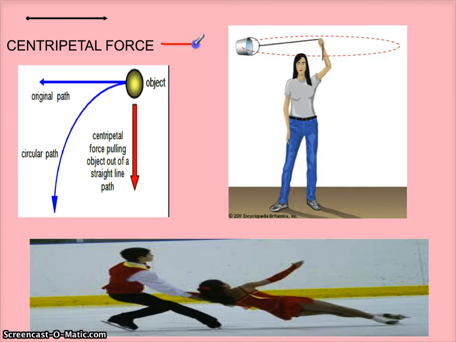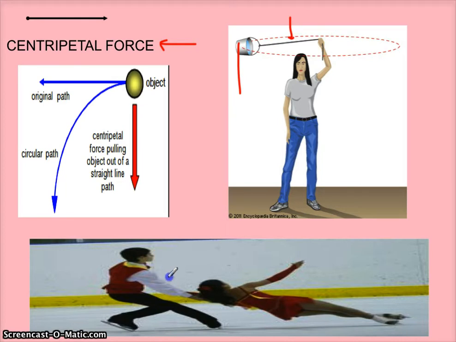The force that keeps it moving in a circle is called centripetal force. And you can see here, this is the centripetal force pulling the object out of a straight line path. And here the centripetal force is going to be the rope. The rope is keeping this from flying off.